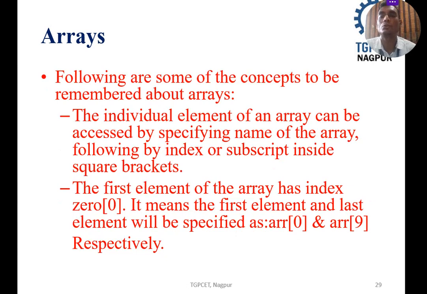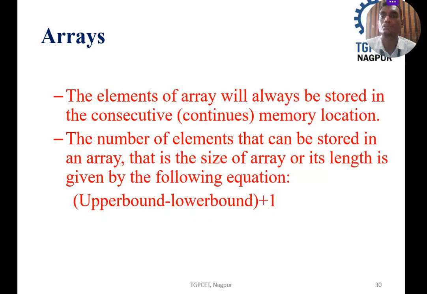Whenever you initialize your array, the index 0 indicates the first element. If I want to find out the size of any array, it can be found by a simple formula: upper bound minus lower bound plus 1.